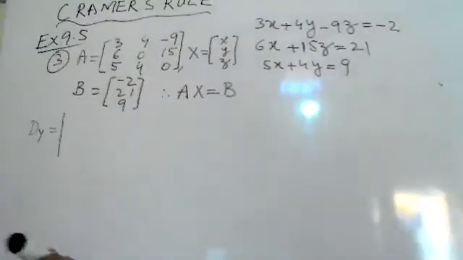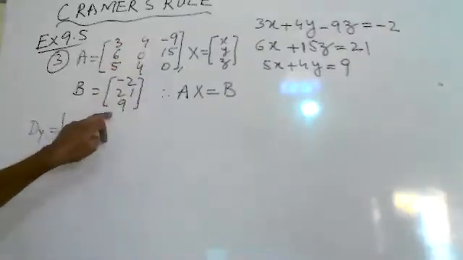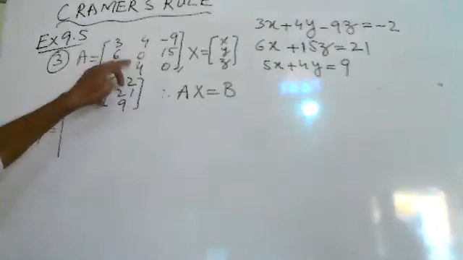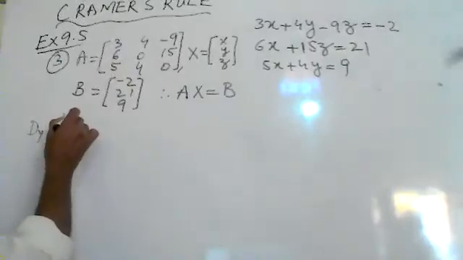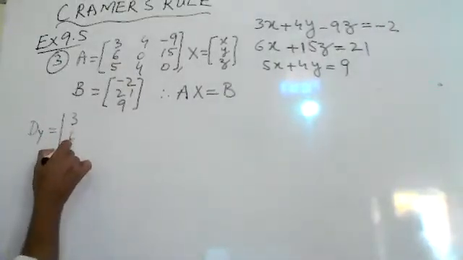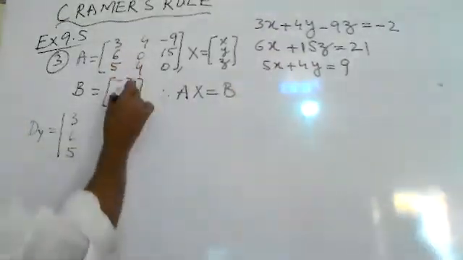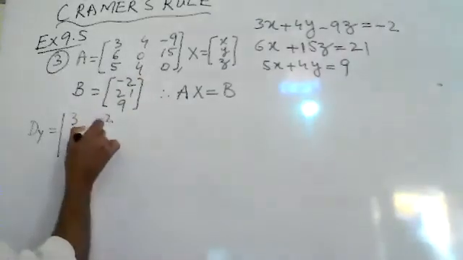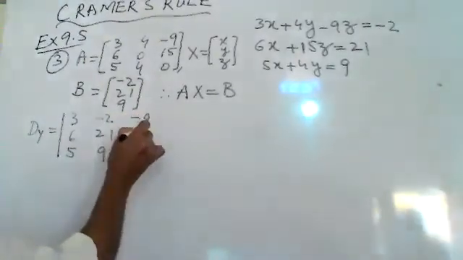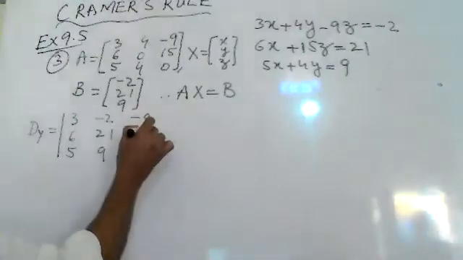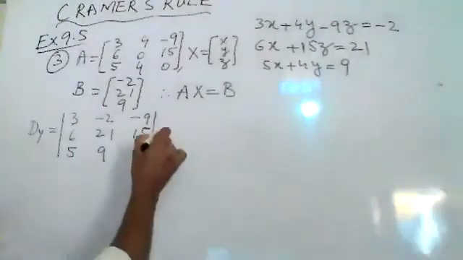Dy is a determinant in which the coefficients of y, 4, 0, 4, are replaced by the constants, the remaining two columns as they are. The first column is written as it is, and 4, 0, 4 are the coefficients of y, so they are replaced by the constants minus 2, 21, 9. The third column also remains as it is. This is dy.